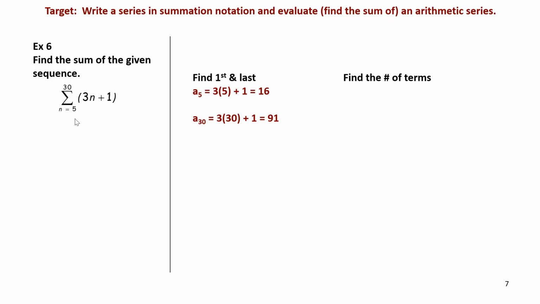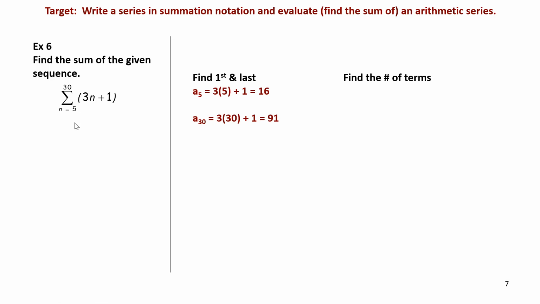Think about this. I would imagine a lot of you said 25, but think about this. 5 is included, all right? This is important that you understand this. 5 is included. What's not included are terms 1, 2, 3, and 4.